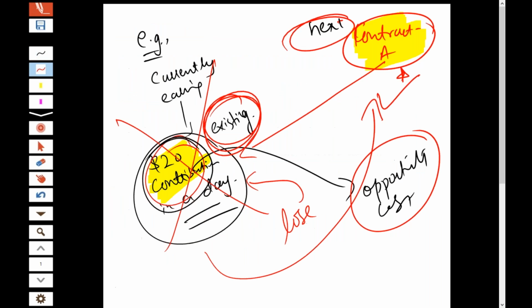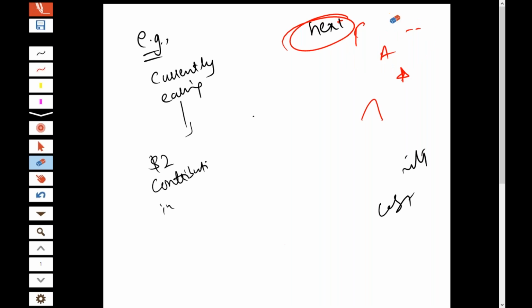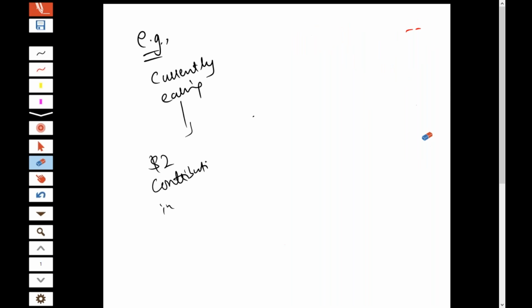Now, students, just see this example, and I am removing all these unnecessary figures. Don't copy this, I'm just showing it as a demonstration.